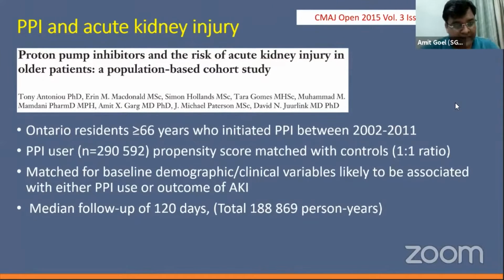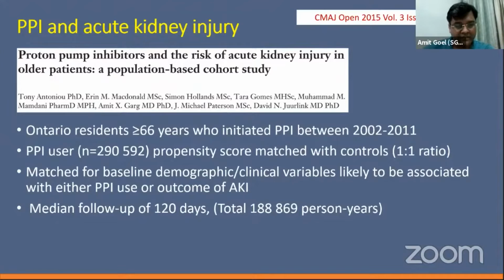Now coming to the second section, that is acute kidney injury. Another population-based cohort study from Ontario, Canada, included data from those who were more than 65 years and initiated PPI between 2002 and 2011. Data from 290,000 PPI users with propensity score matched controls. They were matched for baseline demography and risk factors which can lead to kidney disease and which can lead to use of PPI.